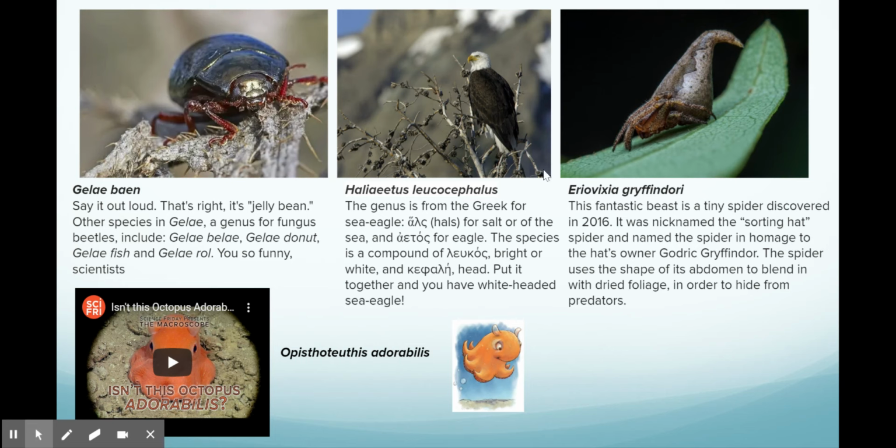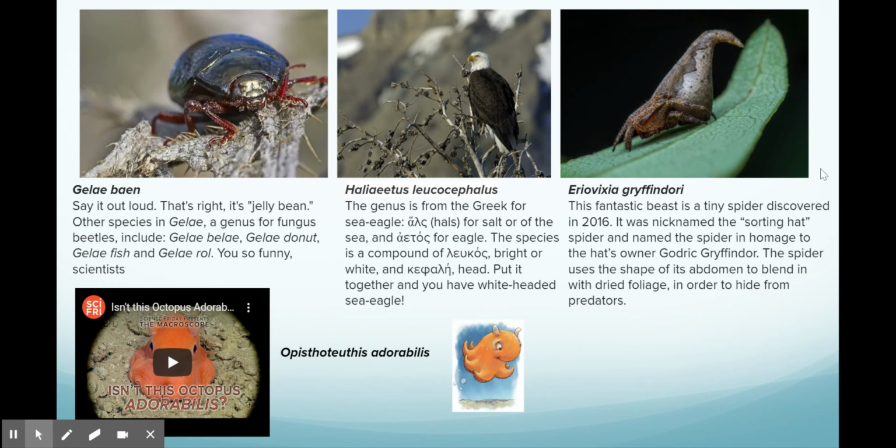Sometimes a species name is a little more informative than funny. Here is Haliaeetus leucocephalus, which is the bald eagle. Haliaeetus is the Greek for salt, and eagle, or sea eagle, and leuco, we've seen that before and we'll see it again, means white or light, and cephalus means head. So this translates to a white-headed sea eagle.